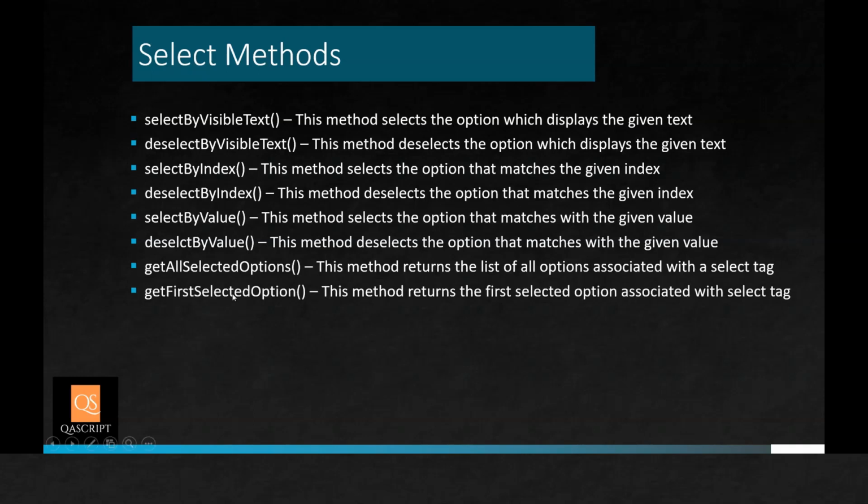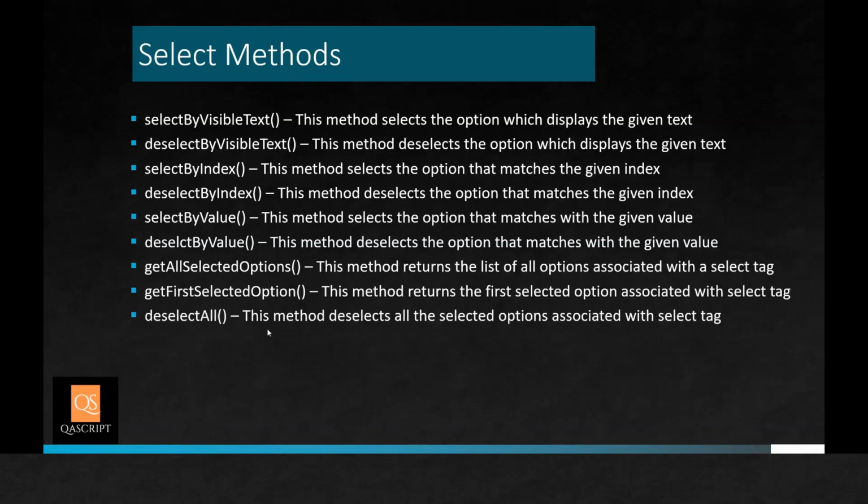Then get first selected option will return the first selected option present in that select drop down. And then there is deselect all, which will deselect all the selected options associated with the select tag.